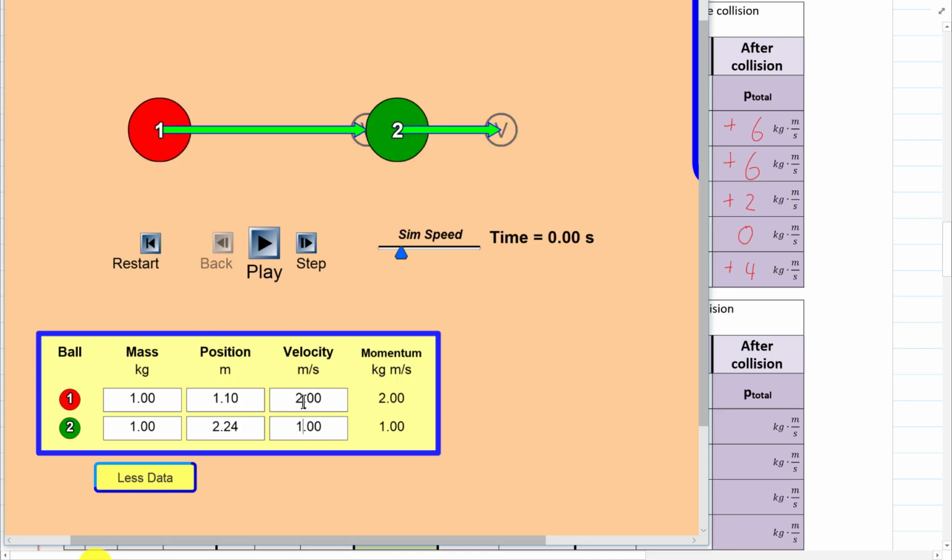Okay, let's restart it. Let's go negative 4. No, I guess it's got to hit. Let's go 3. This guy is negative 0.5.